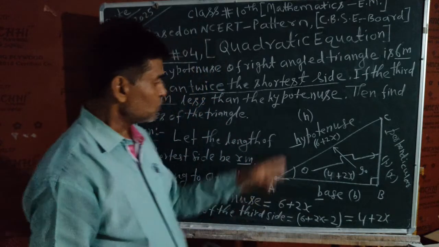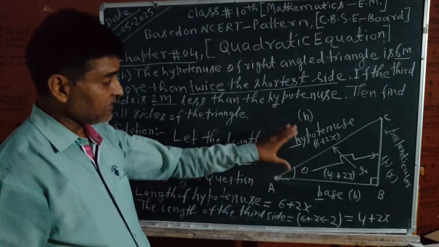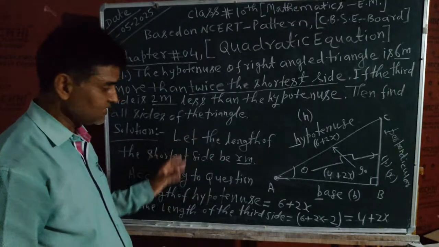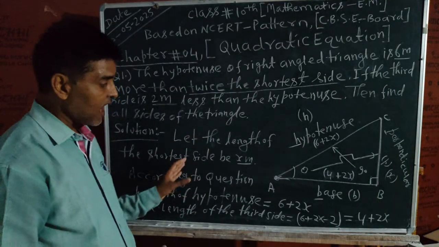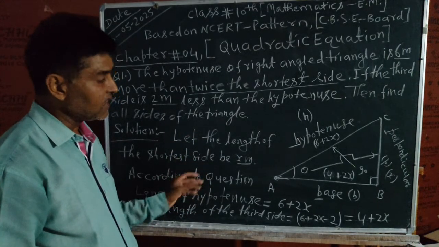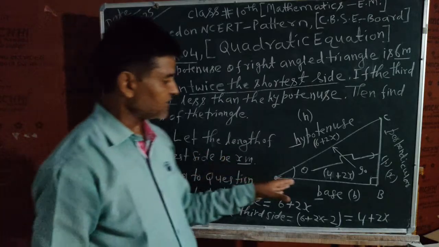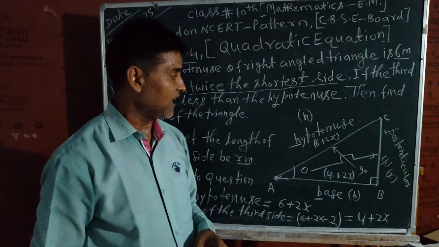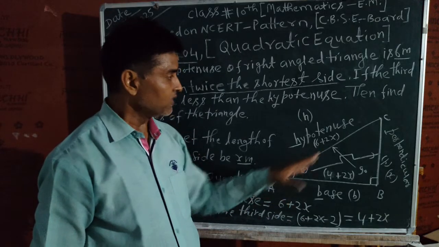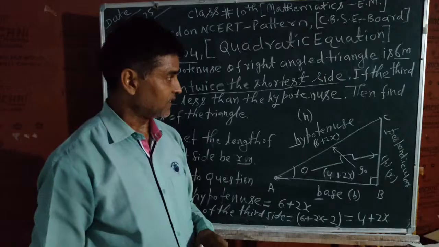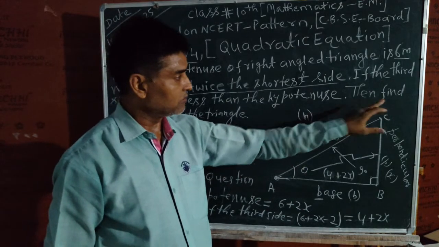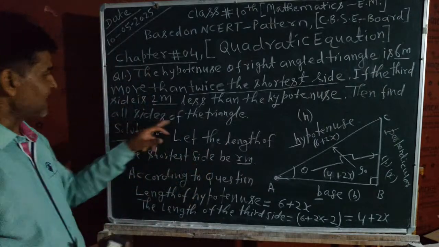Okay, student. So already I have written all the information in the triangle. Now this data I am going to erase. After erasing, I will use the concept of Pythagoras theorem, and then I will evaluate the value of x, and then I will also find the three sides of the triangle, and this is what is required in the question: find all the sides of the triangle.